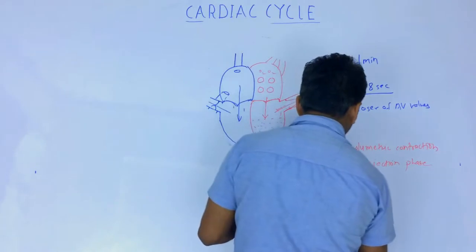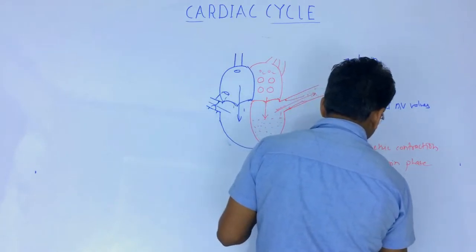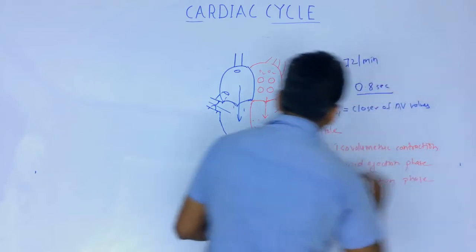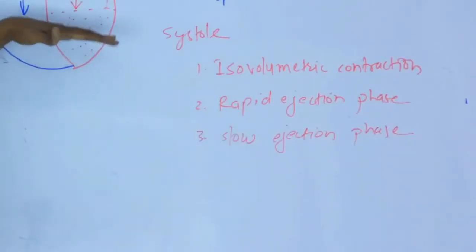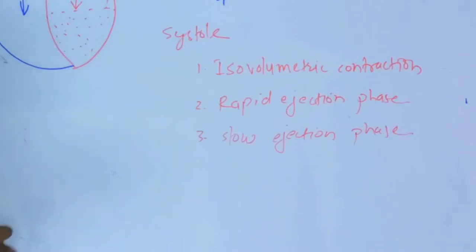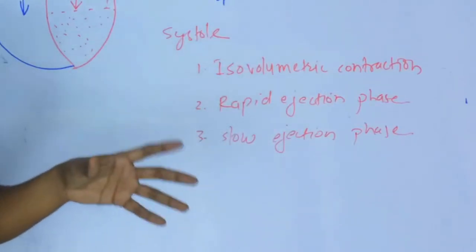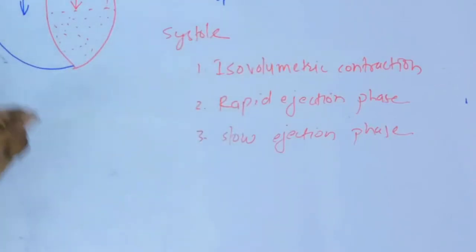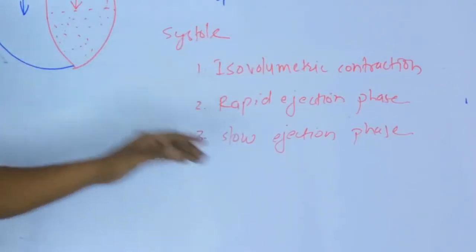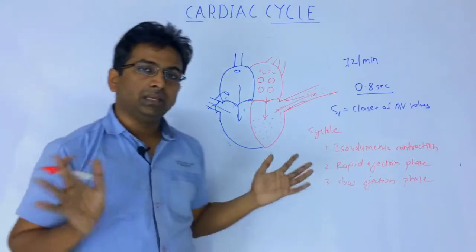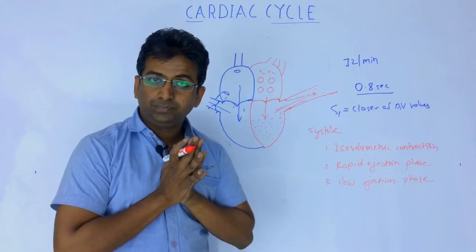Because the ventricle is emptying its blood, the pressure inside the ventricle is going down, and the aorta is accumulating the blood, so the pressure inside the aorta is increasing. So the pressure difference is decreasing, hence the blood flow is decreasing. That is the slow ejection phase.